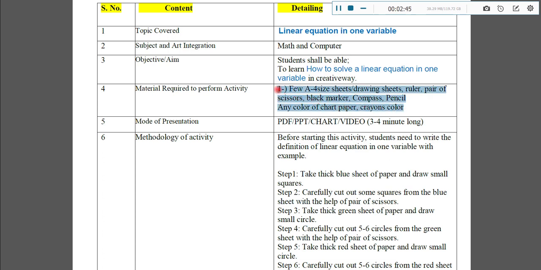Basically you need to do this activity in a very creative way using different colors.